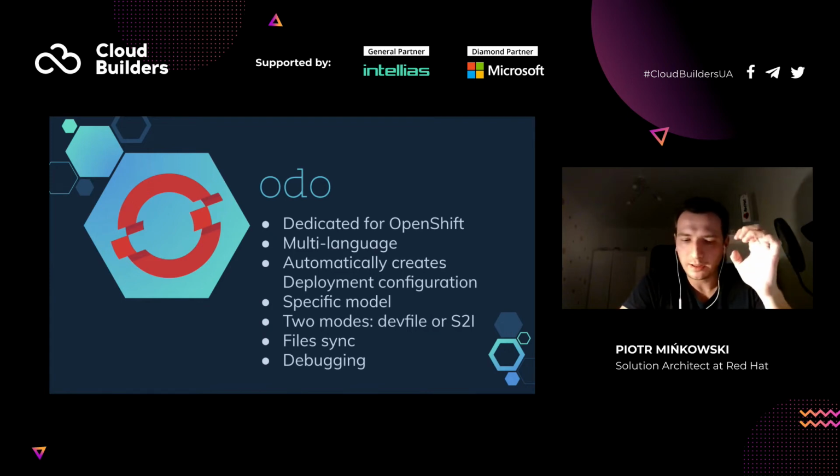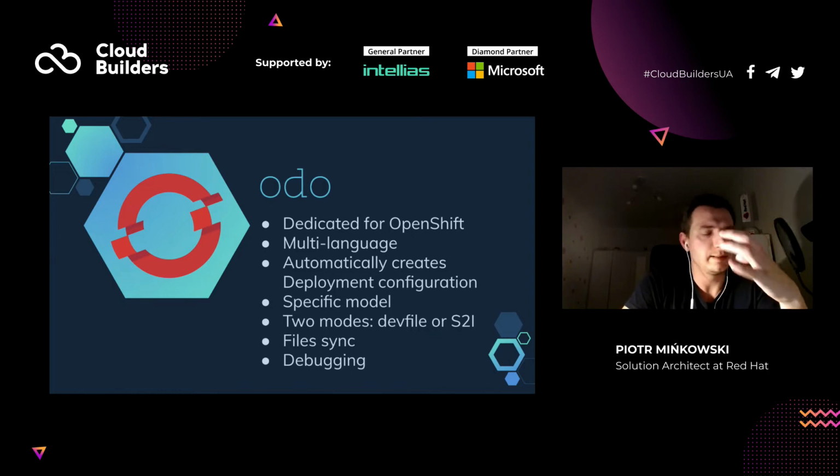The main concept of Odo is pretty similar to the concept across OpenShift. So it does not require a deep understanding of the Kubernetes platform and hides this complexity from the developer, in fact.